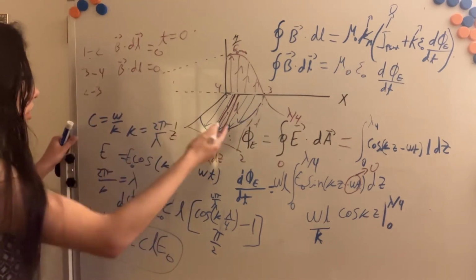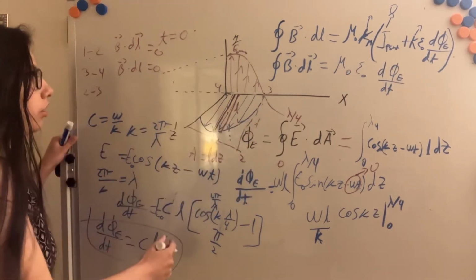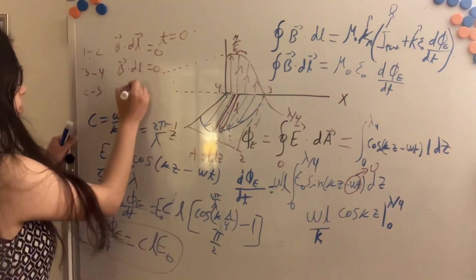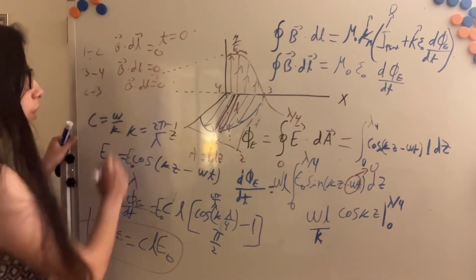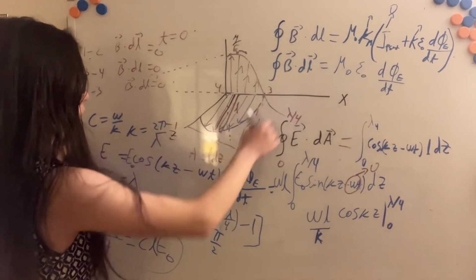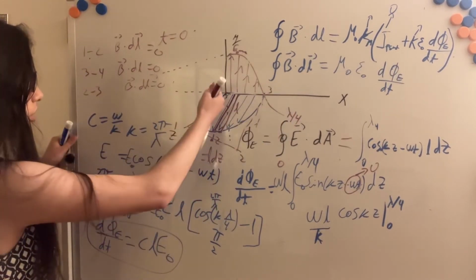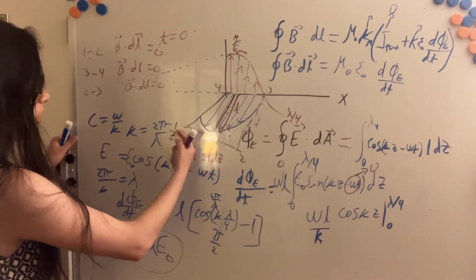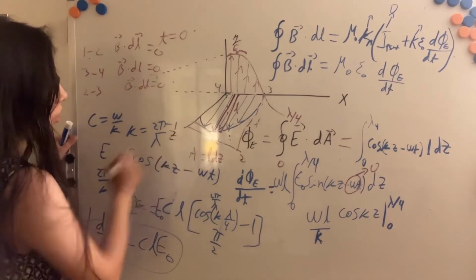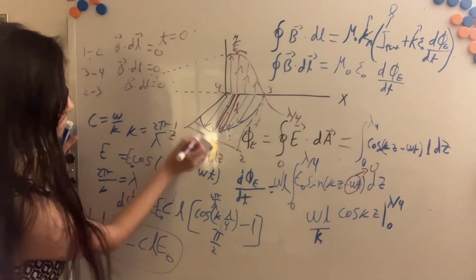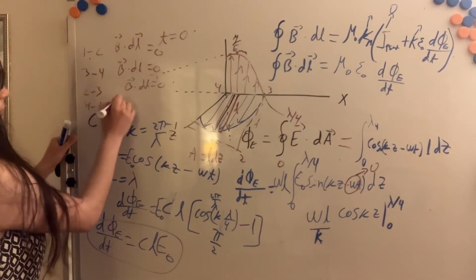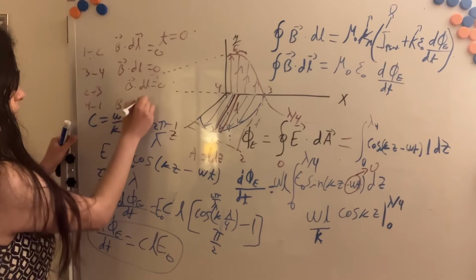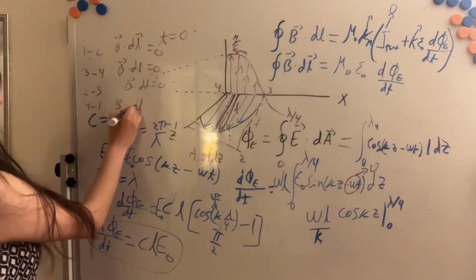So yes, it would be parallel to L, but in this case it is 0. So again B dot dl is 0, and so the only contribution to the closed loop of B dot dl is this part, 4 to 1. That would be this maximum magnetic field. I should have put this here. The maximum magnetic field B dot dl, or B max.